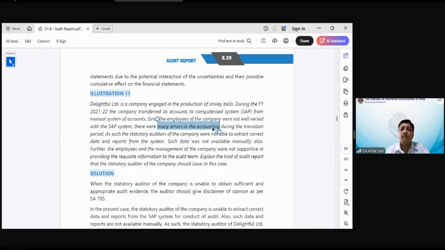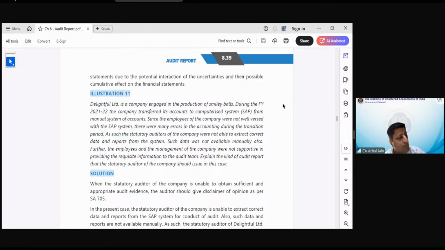No. Further, auditor is asking for various reports and data. So are these again limited to any particular area? No. So that means for different areas of the financial statements, you see errors. And for that, auditor is requesting the information that is not available. So it appears that it's not something which is limited to only one area. It's something which flows down to a lot of areas in the financial statements.